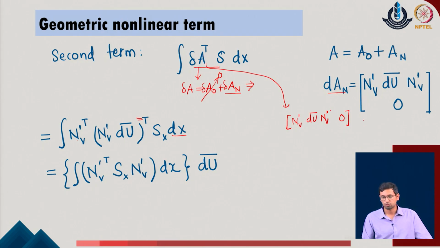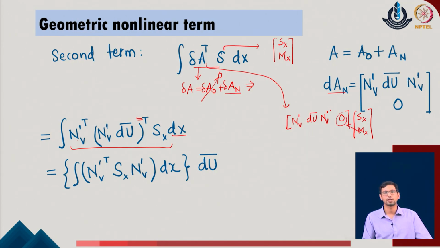Now, this transpose will be multiplied with the S parameter of the system, and S value is identified as S x and m x of the given system. If I multiply this with the S of x and m of x, I realize that the first parameter will give me the value which is identified over here, whereas the second parameter will not give any expression, because with the moment part I am multiplying the 0 value.